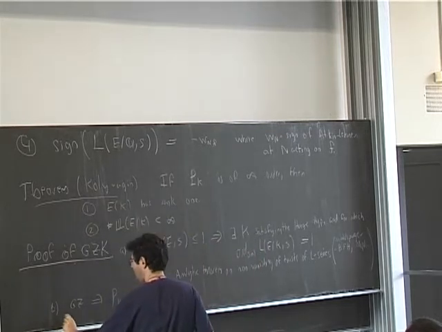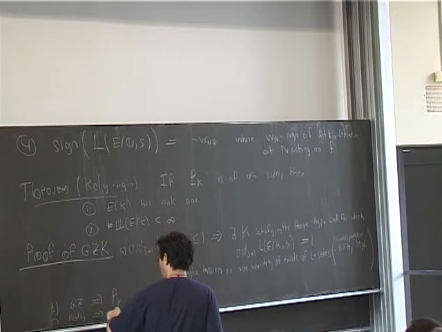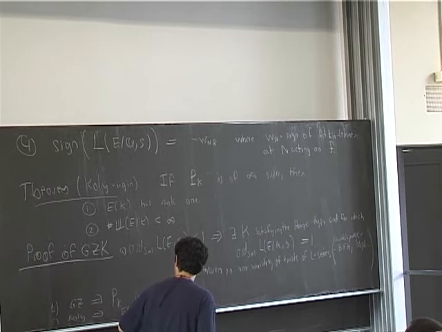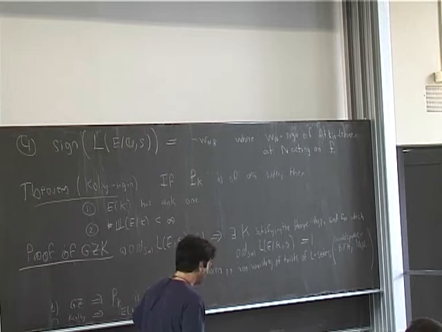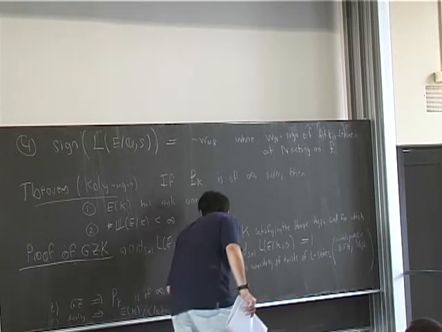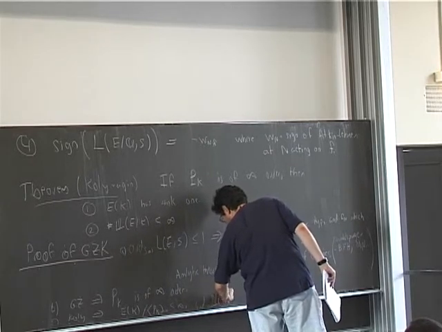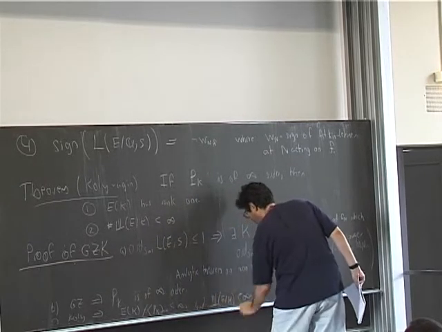And then, applying the result of Kolyvagin, we find that the Mordell-Weil group E of K is generated by this point. So this is a point of infinite order on E of K, and this thing generates E of K up to finite order. So it generates a finite index subgroup of this. And part of the output of Kolyvagin's method is that the Shafarevich-Tate group of E over K is finite.